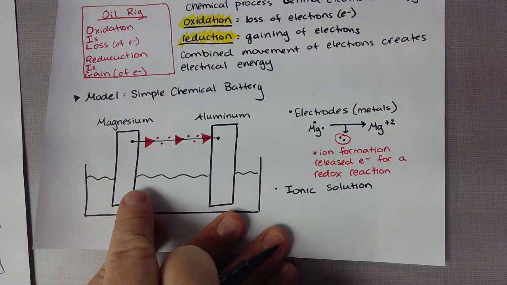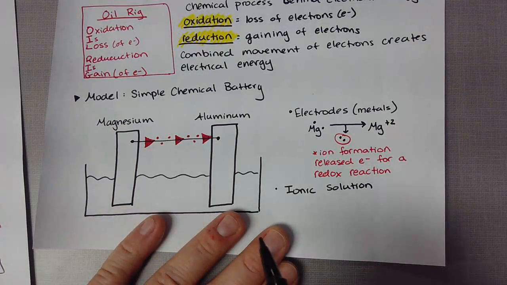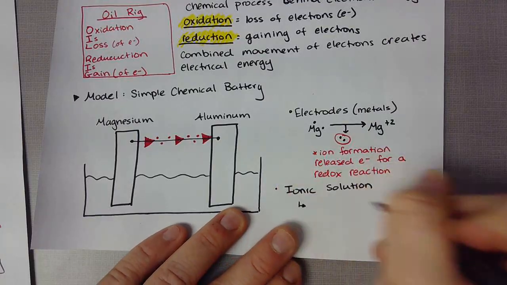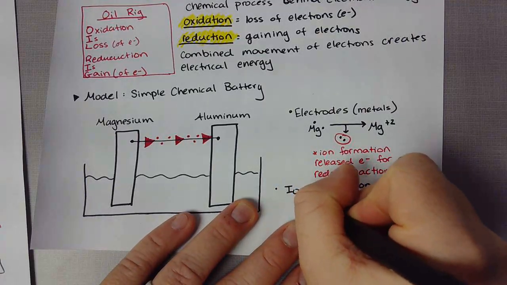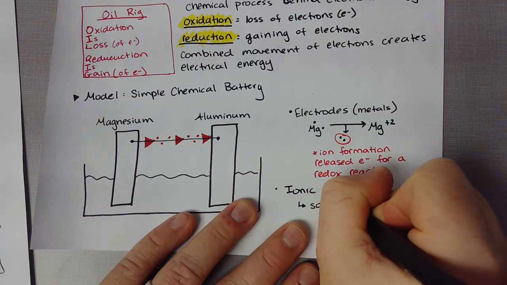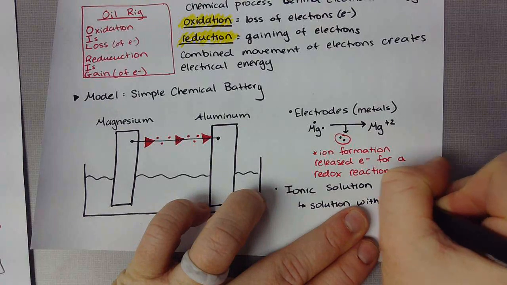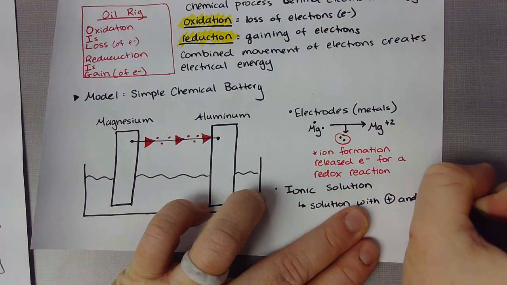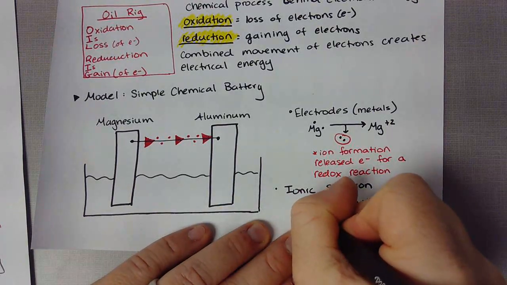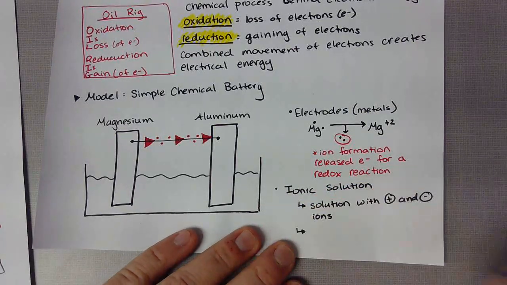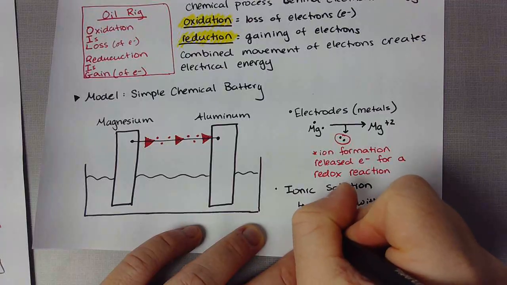A bunch of positive charges would repel each other. The battery would stop working. So we do need to use an ionic solution, which is going to be a solution with positive and negative ions. Those positive and negative ions can move around for charge balancing.